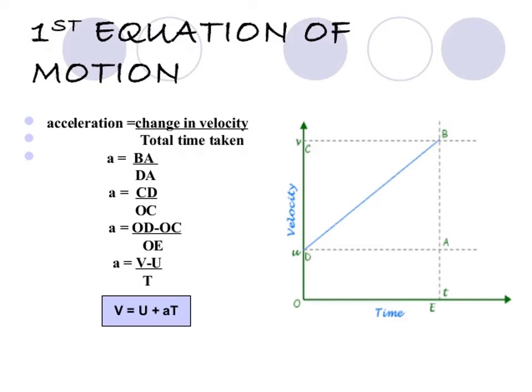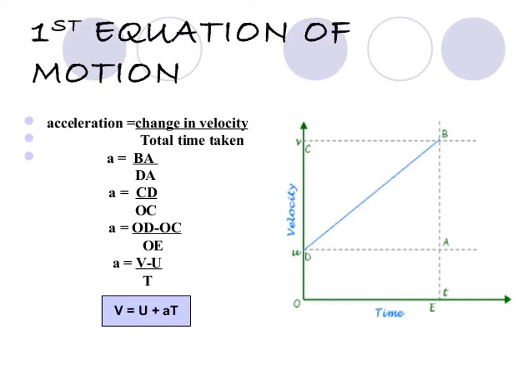This is the acceleration formula which you have to derive. Acceleration equals change in velocity by total time taken. First of all, you have to draw the diagram, mark the points properly and write what acceleration is. Acceleration equals change in velocity by time. What is change in velocity? Change means final minus initial.